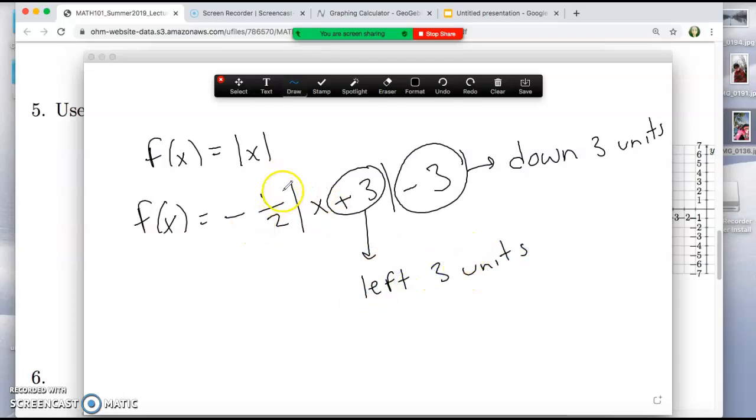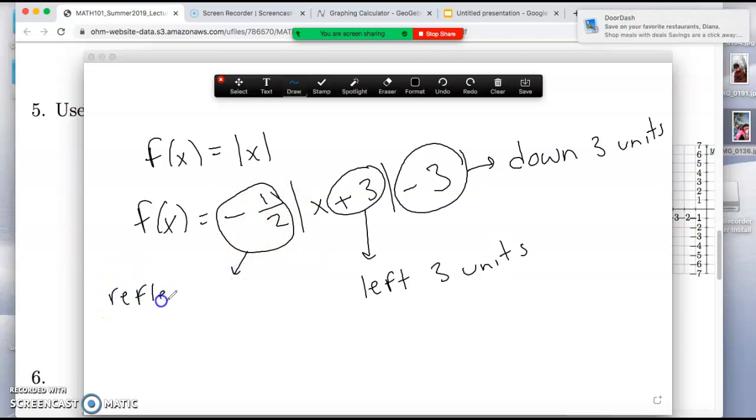And here, since we're multiplying by a negative on the outside and a 1/2, we're going to reflect over the x-axis and get wider. Sorry, vertically wider.